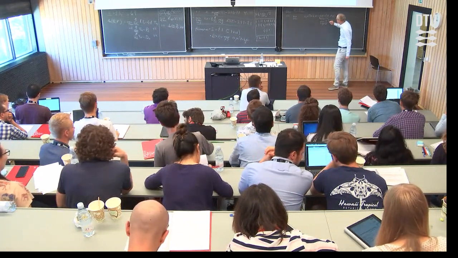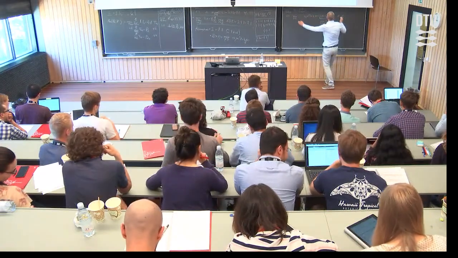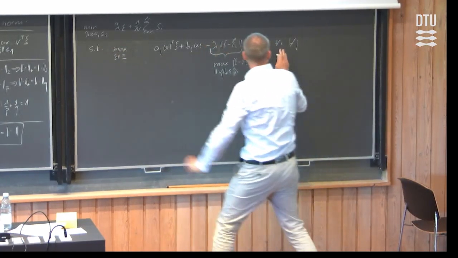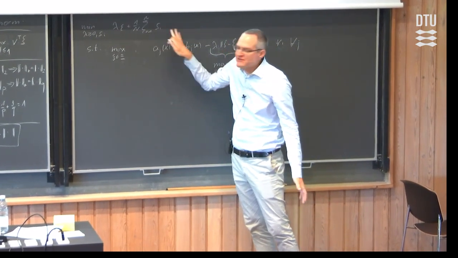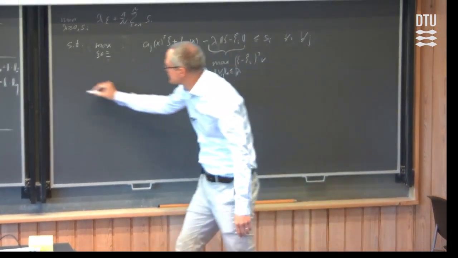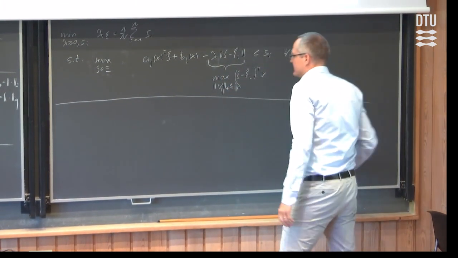Okay. So let's look just at this one constraint for a fixed i and j, because the objective function is anyway easy, right? It's just a linear function of lambda and the s_i's. Let's look at one fixed i and j.